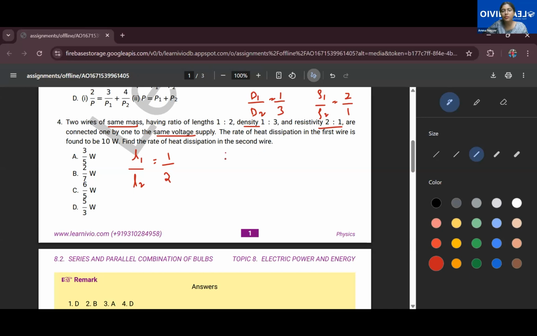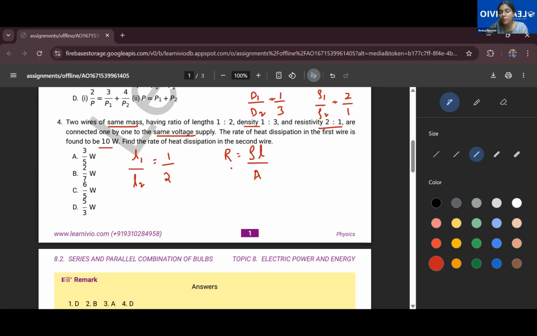See, you have the formula R is equal to ρL by A. Okay, voltage is the same. It means we require power, and power is given. Look, what is given? In the formula, you have the voltage same. Power you have to calculate. So at least you need the resistance. So how will you calculate the resistance?